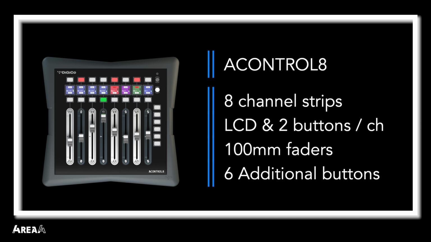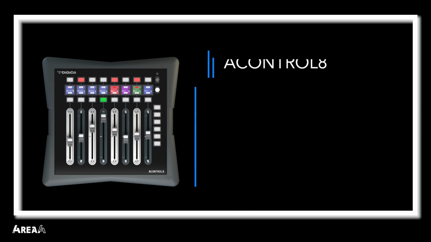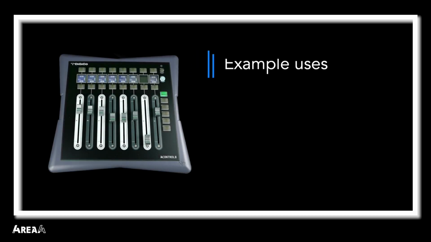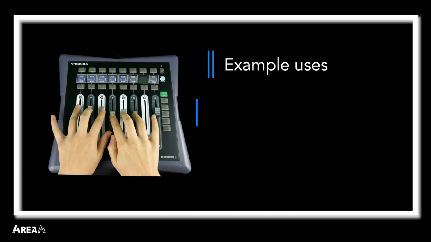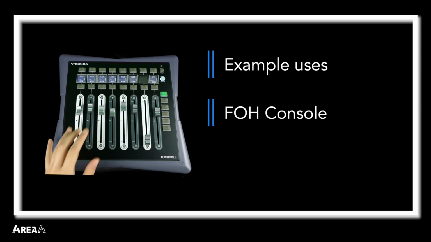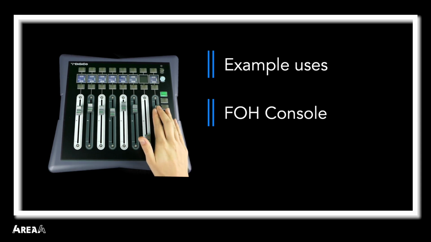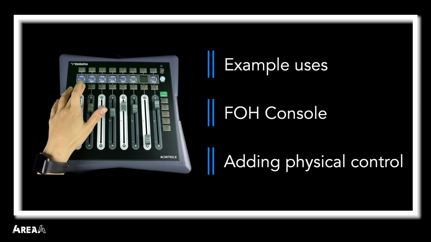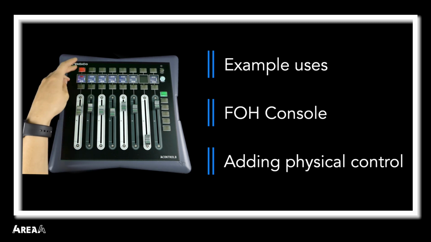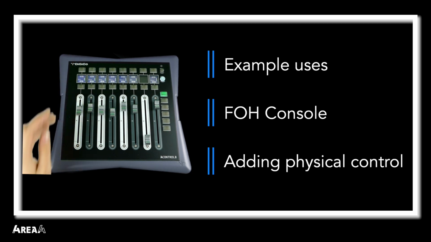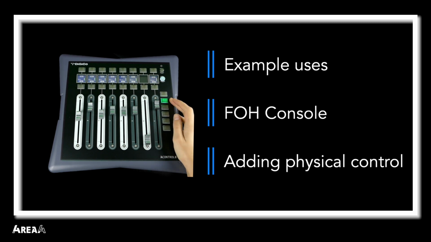There are also 6 buttons down the side that could be set to control banks, firing snapshots, GPO MIDI, tap tempo, or a host of other controls. You could use an A-Control 8 as a replacement for a front-of-house console surface in smaller venues, or for simply adding physical control where you may not have had it before. This not only saves space, but is a much less daunting interface for people who are not professional sound engineers.